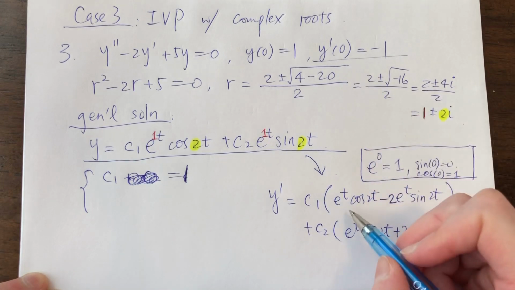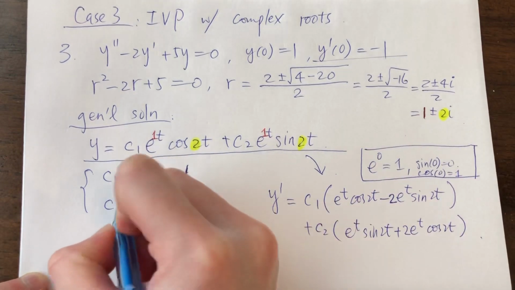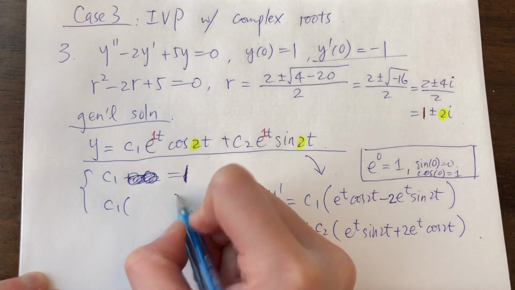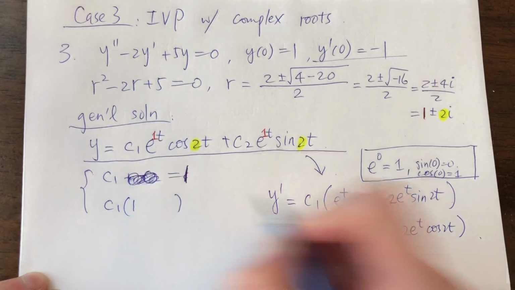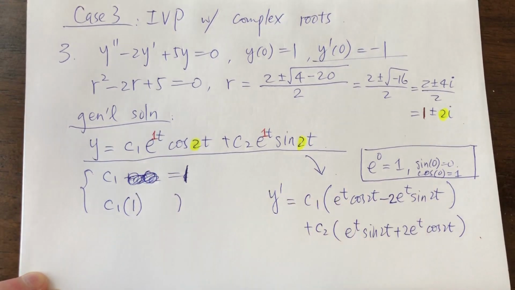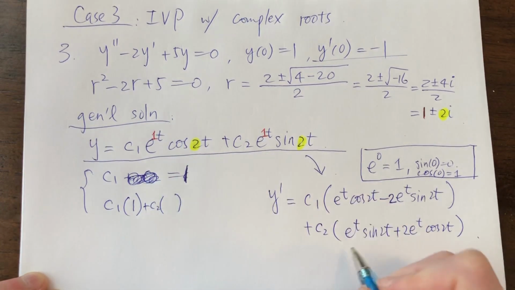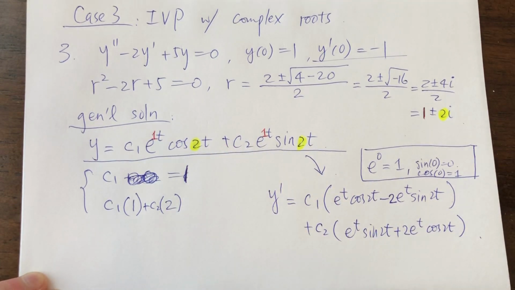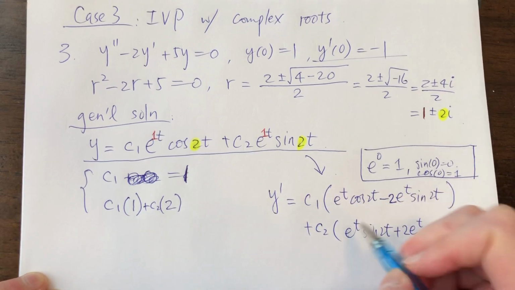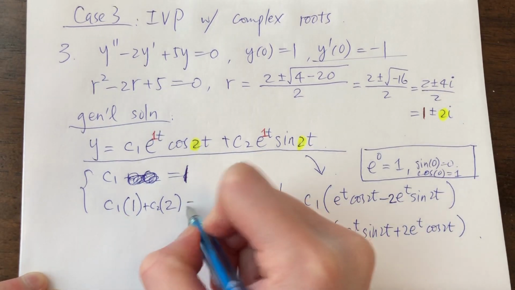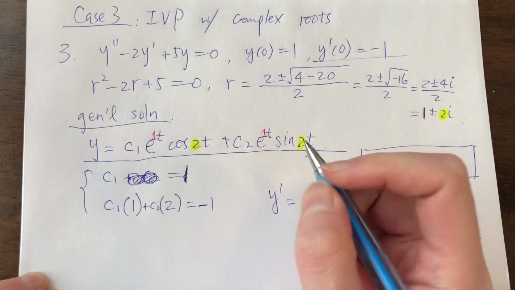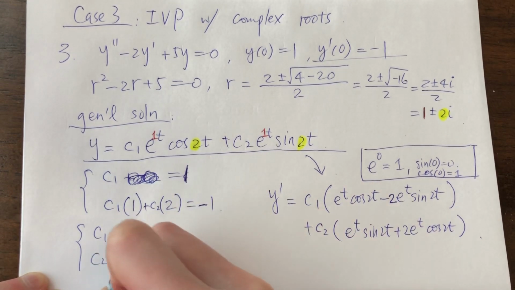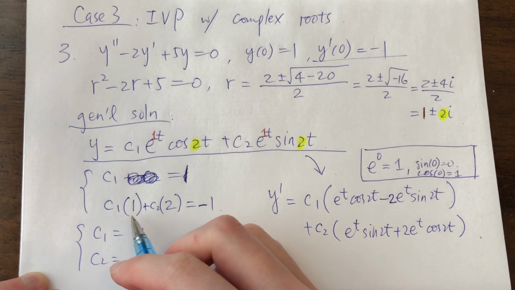Plug in 0, that's c1 times 1 plus 0, and then you have c2 times 0 plus 2. So these two parentheses match these two parentheses. That's equal to negative 1. So then we know c1 is already solved, 1. C2 is going to be negative 1.